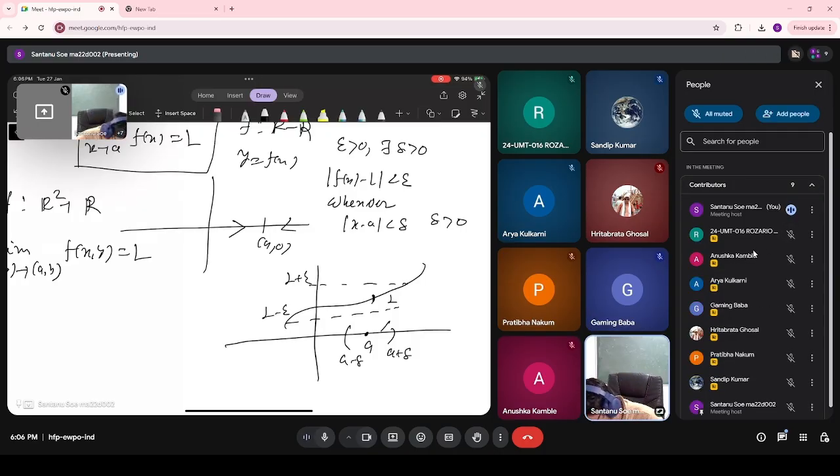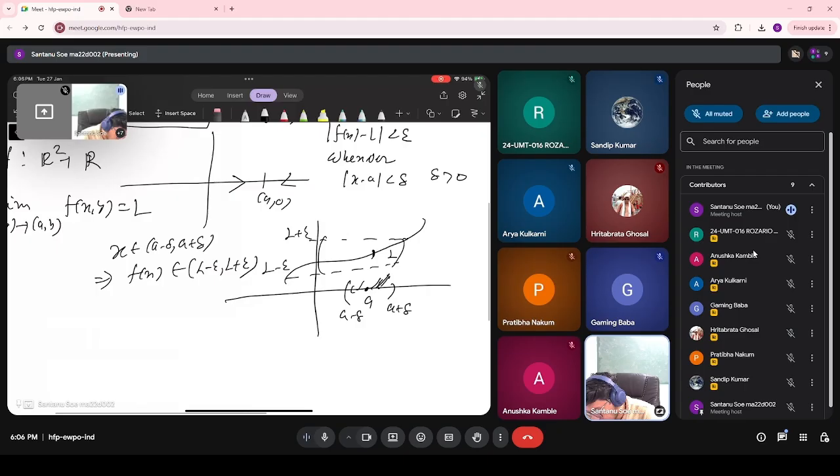Now it says that if you take any values of x in this interval, then the functional value will come into the corresponding interval. So if x belongs to (a minus delta, a plus delta), this implies that f(x) will lie in the interval (L minus epsilon, L plus epsilon).